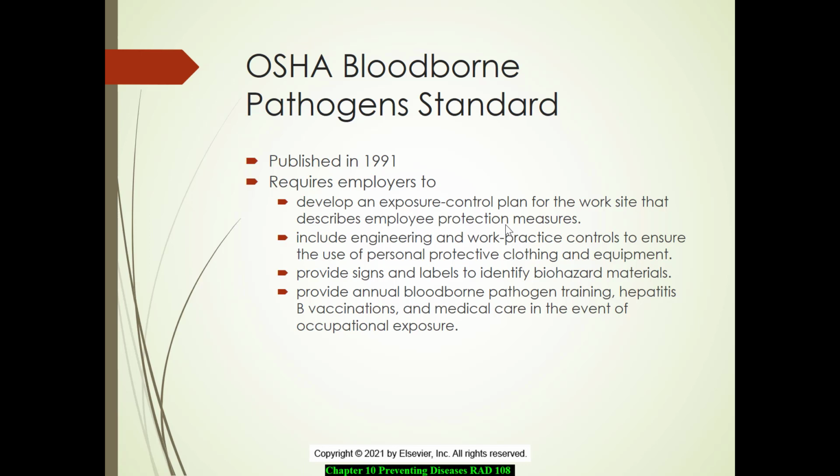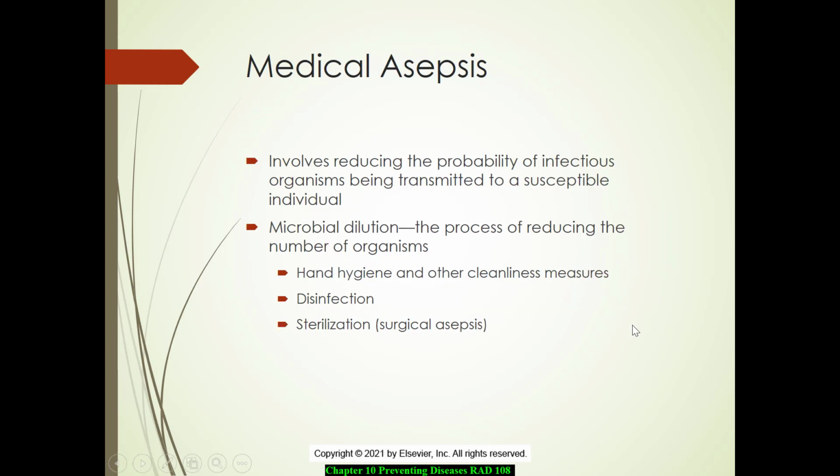Employers must also provide annual bloodborne pathogen training, hepatitis B vaccinations, and medical care in the event of occupational exposure. These are all things that every hospital and any medical center has to abide by. If you're at an urgent care or an orthopedic group, you still have to follow that annual training.